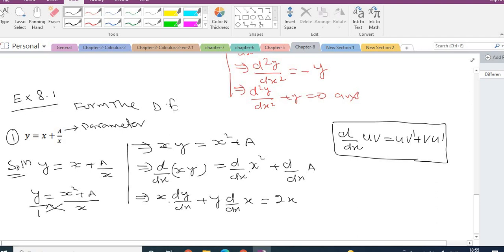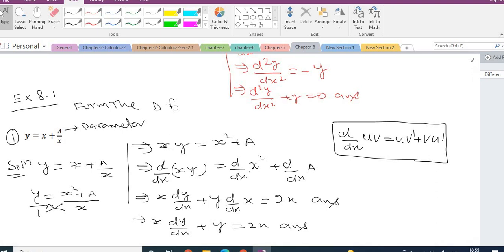There is no parameter given, so this is called the answer. Or we can simplify it: x dy/dx plus y, since d/dx of x is 1. This is the answer of that question.